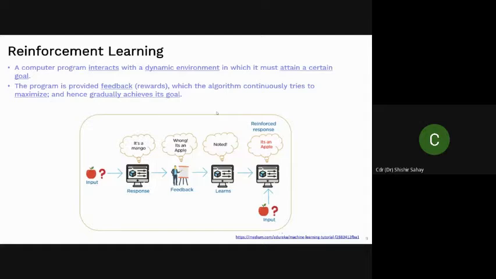Some example, of course, here it is from classification, right? So you are shown an apple, first you say it's a mango, then you're provided a feedback. No, boss, you're wrong. The program notes that feedback and it learns. So next time it is shown an apple, it has learned hopefully, and it will say, no, it's not a mango, it's an apple, right?